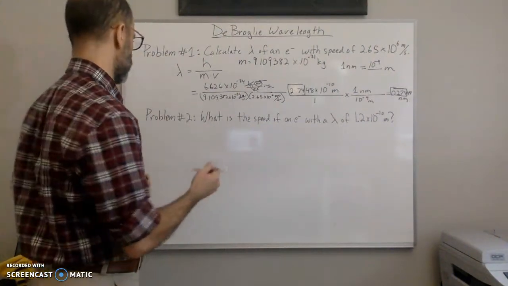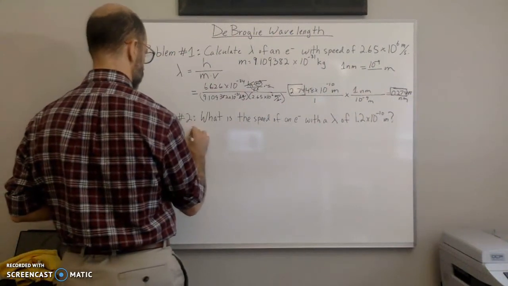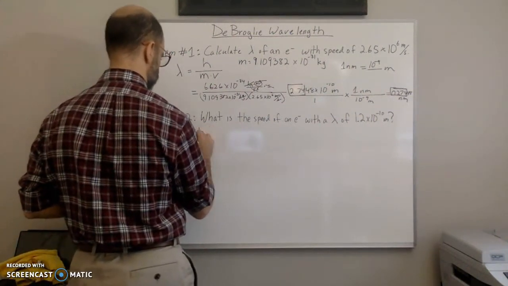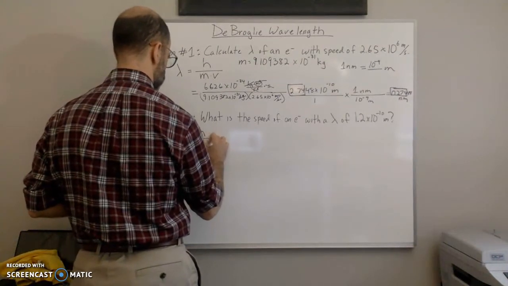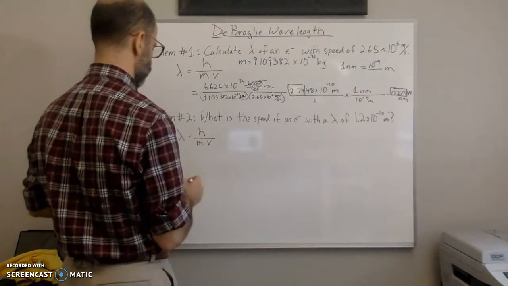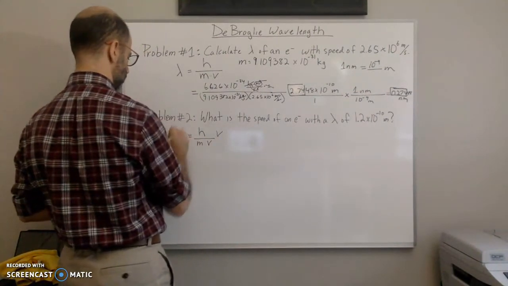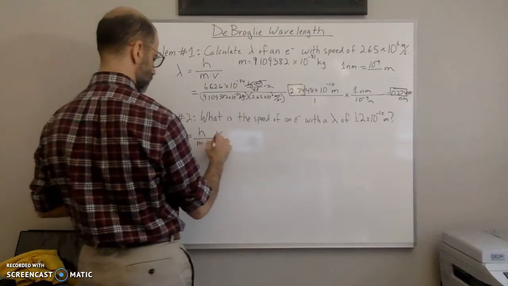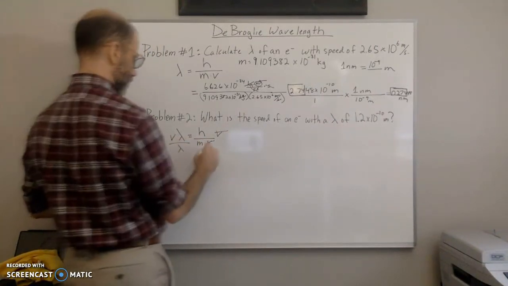So basically, we're going to use de Broglie's equation again, but now we're going to solve it for velocity. So multiply both sides by velocity. That cancels out. And then we're going to divide both sides by lambda.